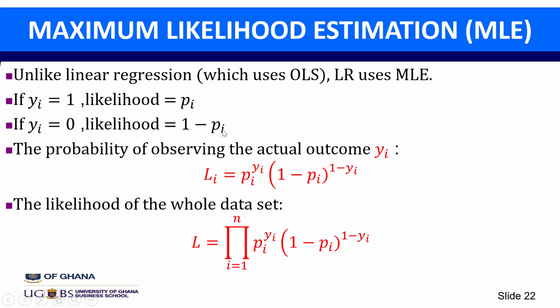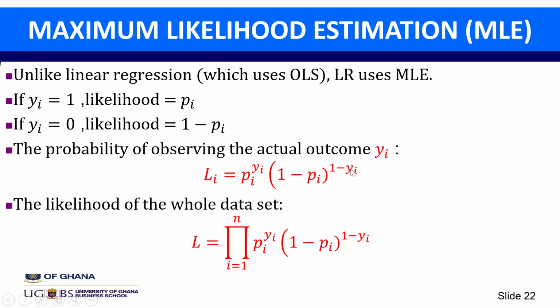We know this. Now, the probability of observing the actual y is given by this, for a particular y. Not all the y, one y. That's why we say Li is equal to p raised to the power y, like, if you can remember the binomial formula, that's how it looks. P raised to the power y, and then 1 minus p raised to the power 1 minus y.